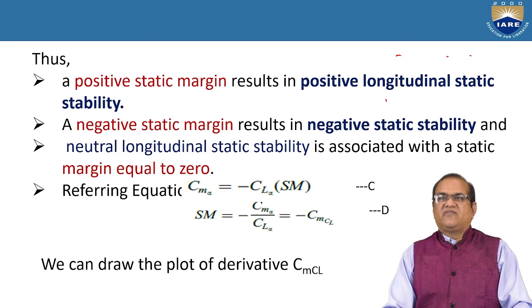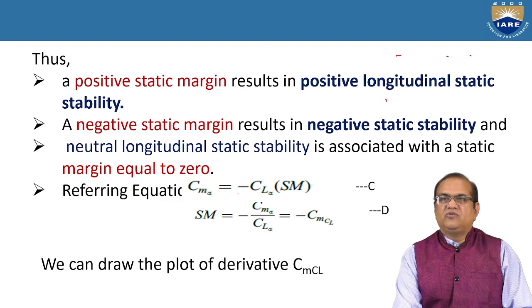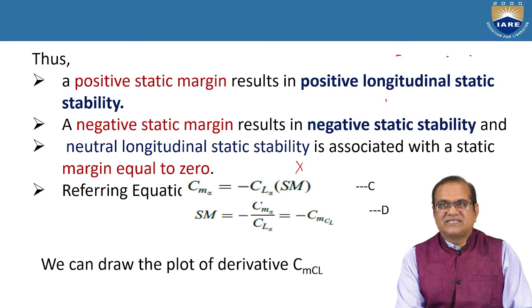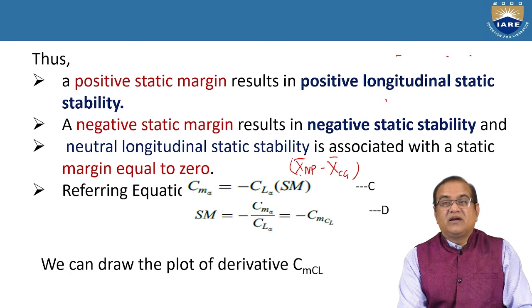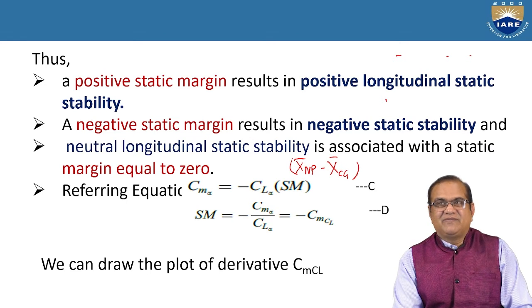So here, referring to the equation, CM alpha is equal to minus CL alpha times static margin, where static margin is x bar NP minus x bar CG. It should be in percentage, because this bar indicates divided by c bar.